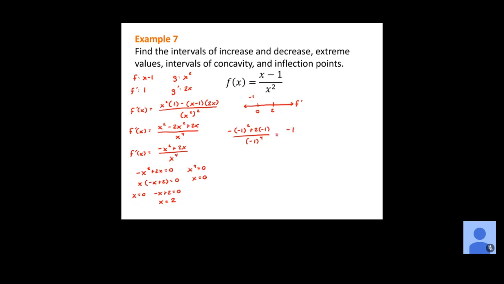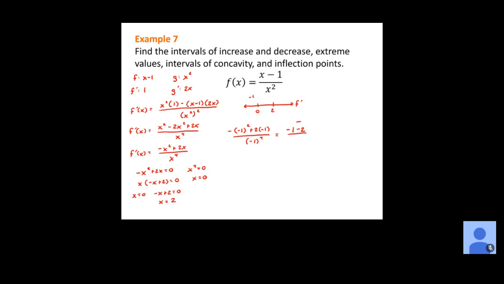Okay, so we have -1 minus 2. Is that positive or negative? It's a negative, right? So that's -3, so we get a negative up top. What about -1 to the fourth in the denominator?